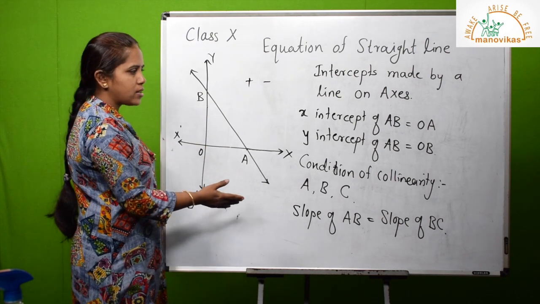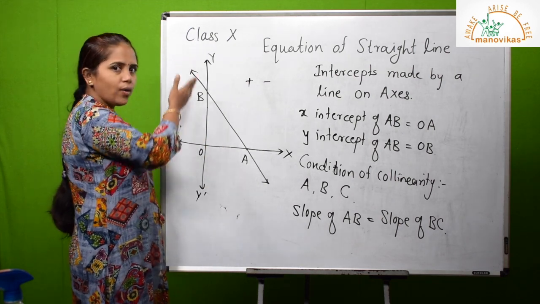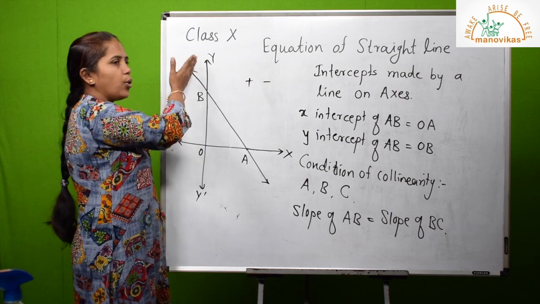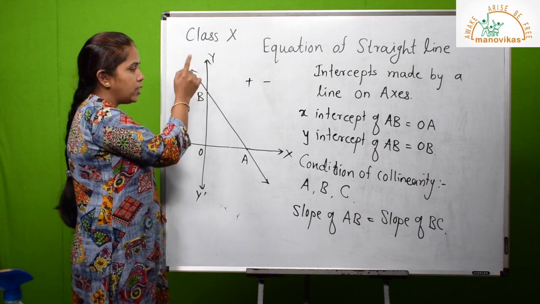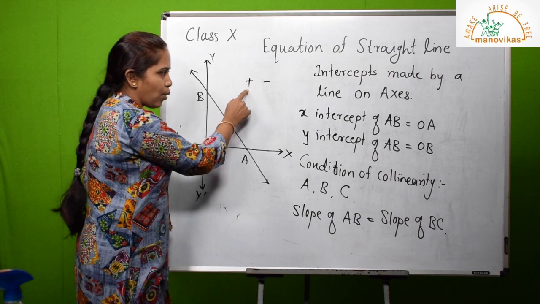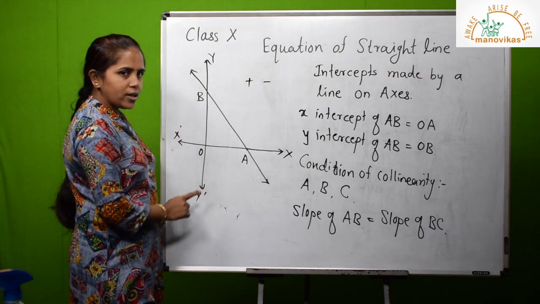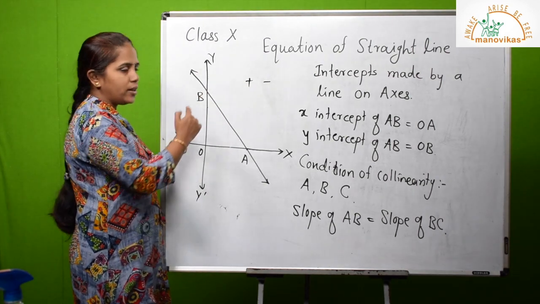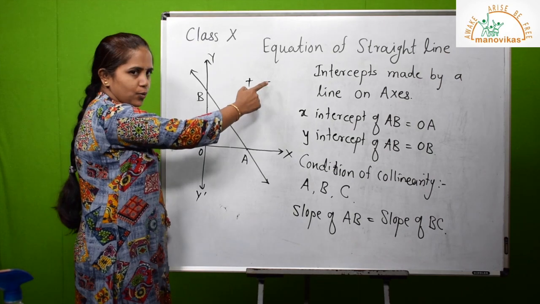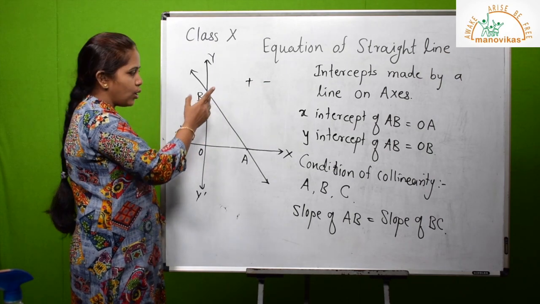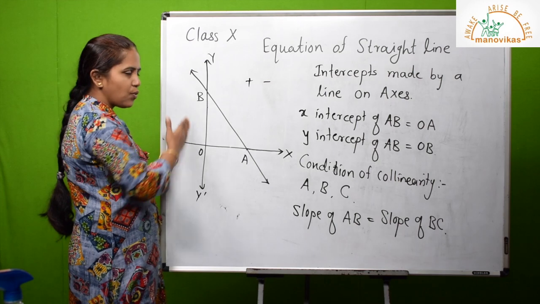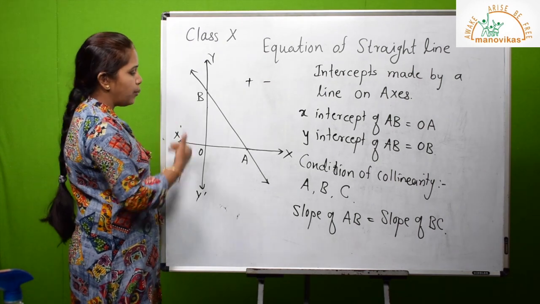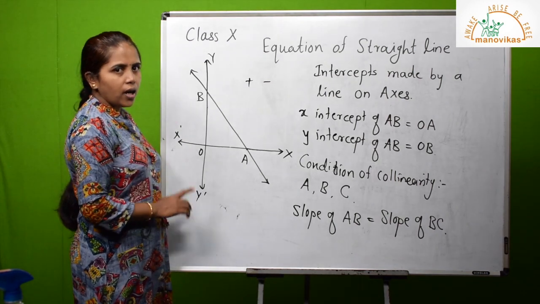For the y-intercept, if the point on y-axis is above origin, then that intercept will be positive. When the point is below origin, then the y-intercept will be negative. Because already we know above origin y coordinates are positive, below origin y coordinates are negative.